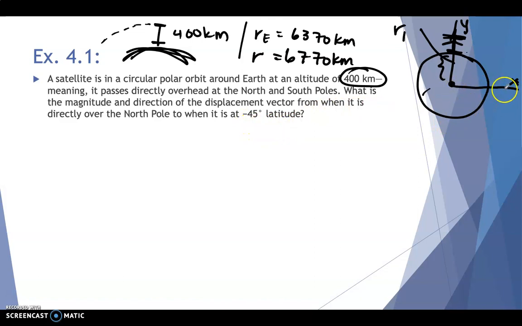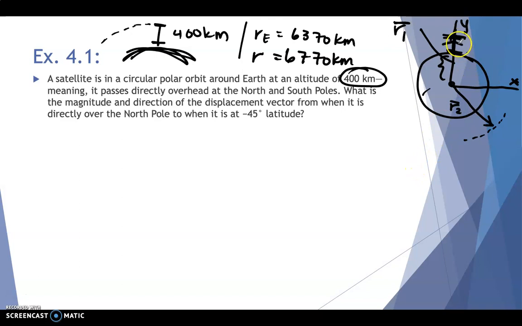So that's going to be from the x-axis here. So I'm going to estimate 45 degrees about there. And this is, again, at the same radius, right? Our radius is the same, but the vector direction is not. So this is going to be called R2, okay?